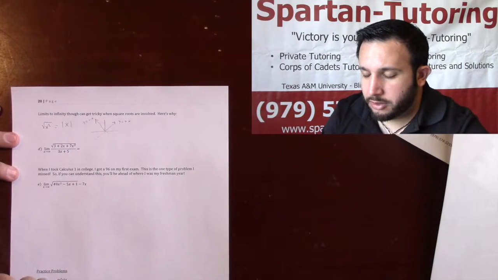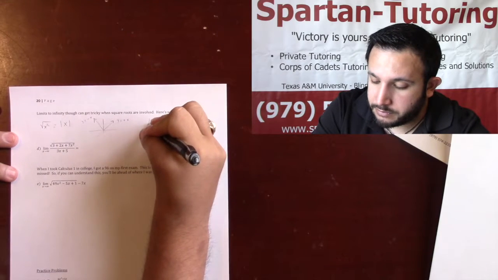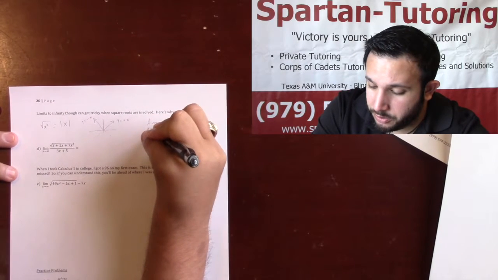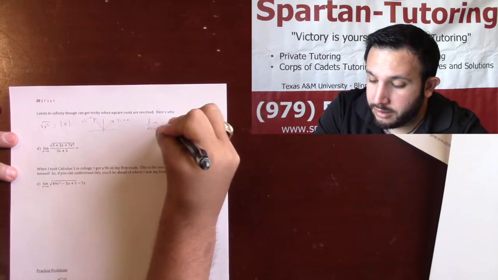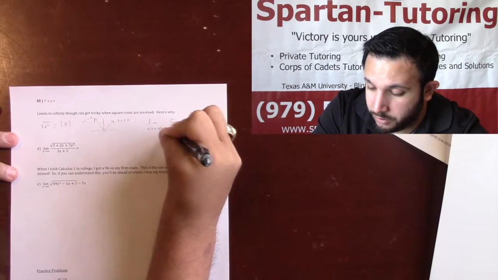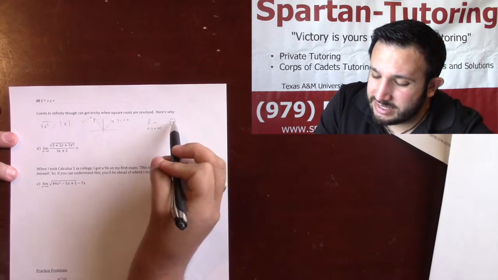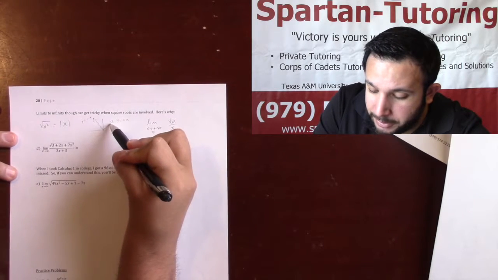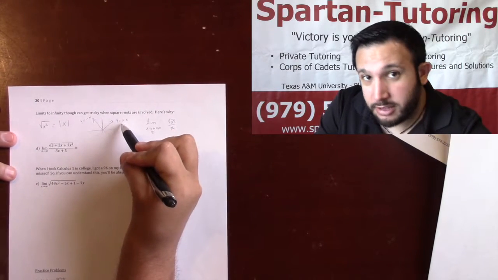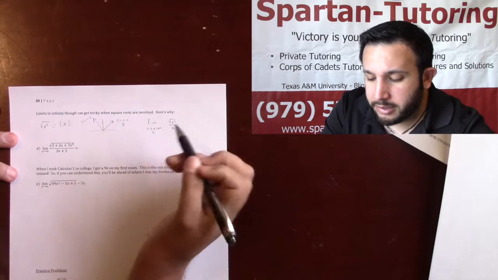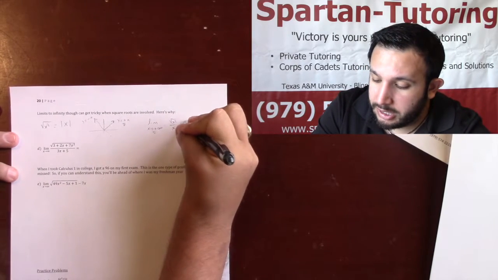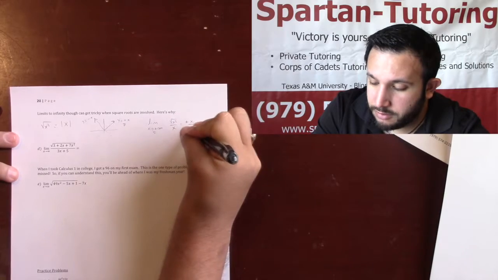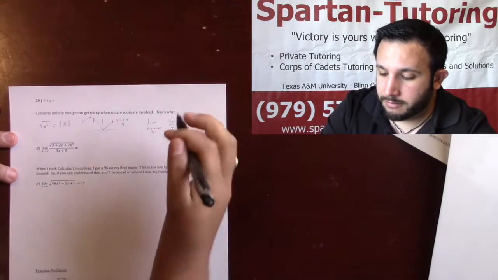Once again, I'm only looking at the leading term, but if I take the limit as x approaches positive infinity of the square root of x squared over x, notice that because this is the absolute value of x, and I'm going to positive infinity, out at positive infinity, that's on the line y equals positive x. So this would be a positive x over x, and then you just go from there.